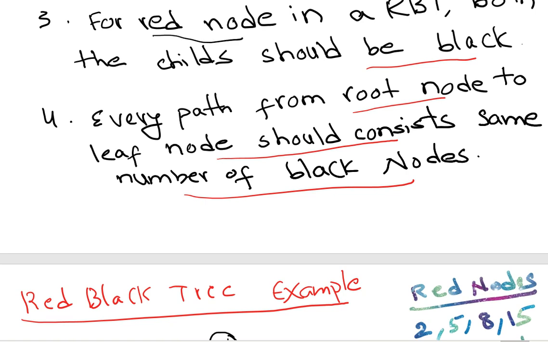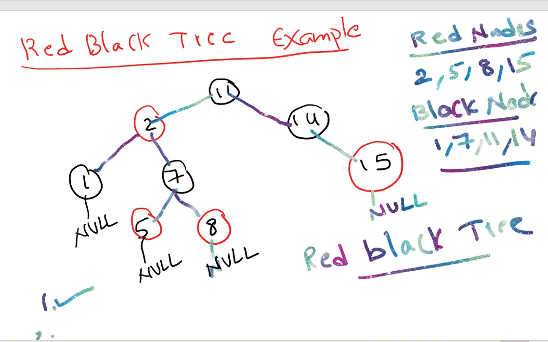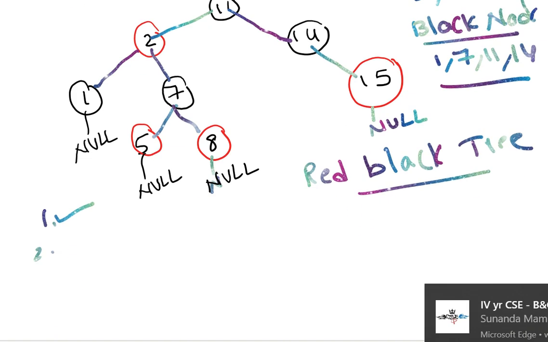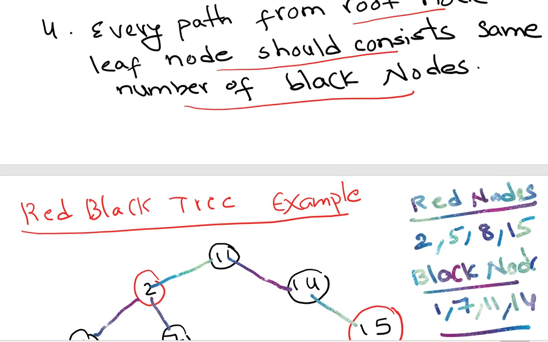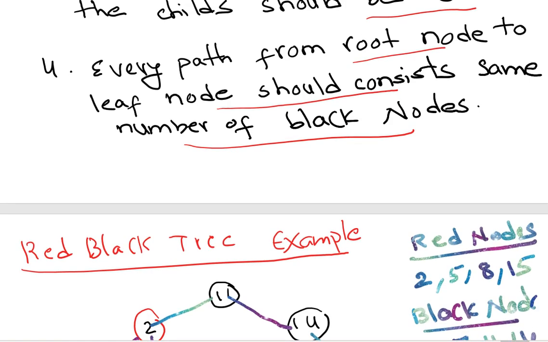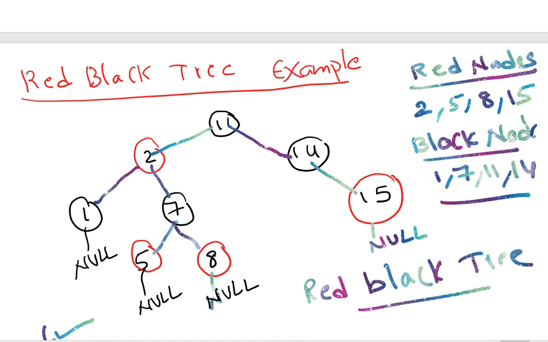For a red node, both children should be black. This is the red node we have. Both children are black, 1 and 7. So the third property is also satisfied. If you want to insert anything here, both will be black. Every path from root node to leaf node should contain the same number of black nodes.